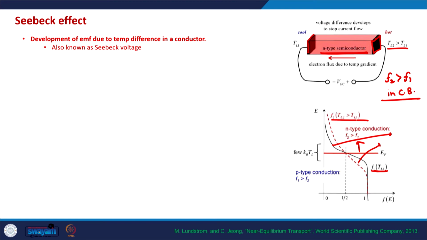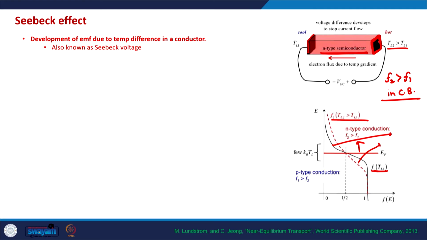That means that the probability of electrons being found close to the conduction band energies is more on the right contact, the hot contact, as compared to the cool contact, the cold contact essentially.